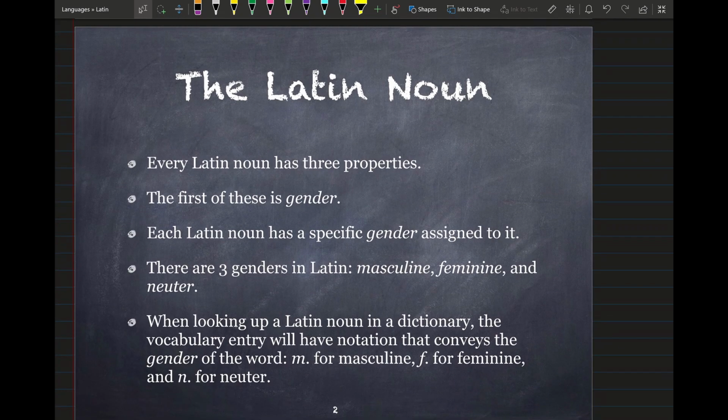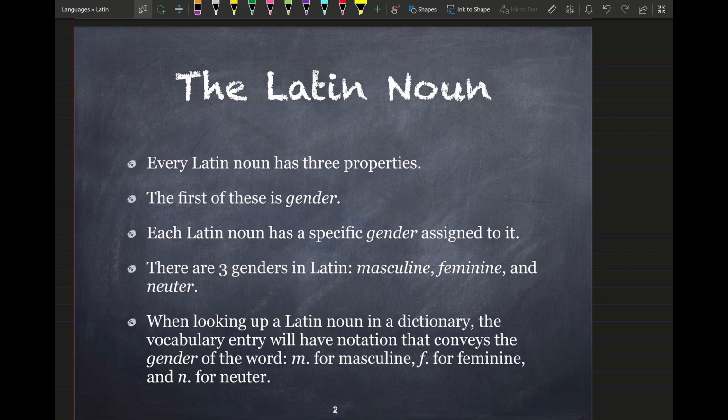All right, the first thing we need to talk about is the Latin noun. Every Latin noun has three properties. The first of these properties is gender. Each noun has a specific gender assigned to it. There are three genders in Latin: masculine, feminine, and neuter.